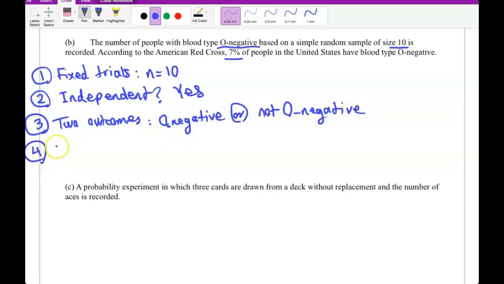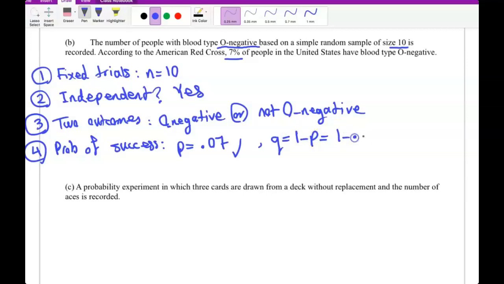Then number 4, probability of success is given on top as 7%. So we pass that part. Based on that, we can find the probability of failure, Q is 1 minus P, so 1 minus 7%, and that is 93%. So we passed all these steps, which means this is binomial.